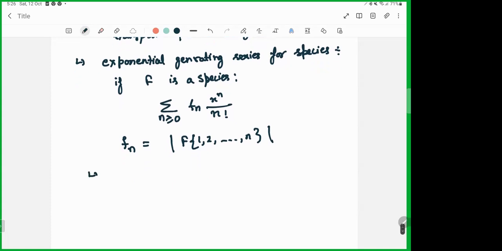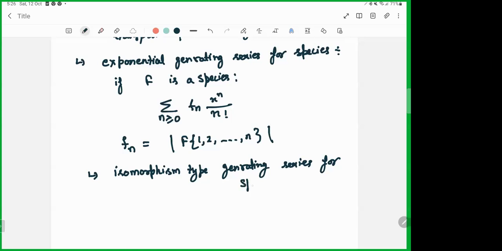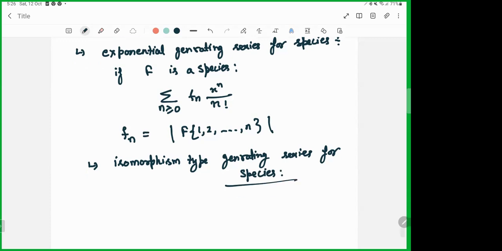And there is another, the isomorphism type generating series for species, right? Yes. That is the ordinary generating function. But there the coefficients are different. What are they? Can you recall? It was the equivalence classes.